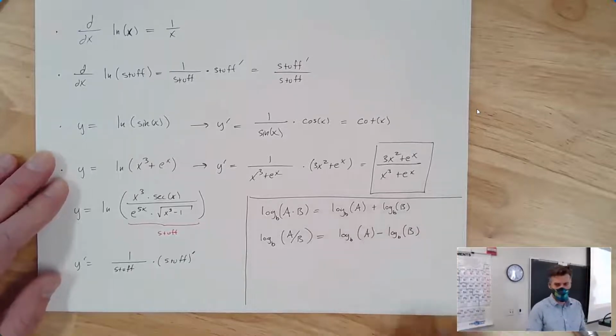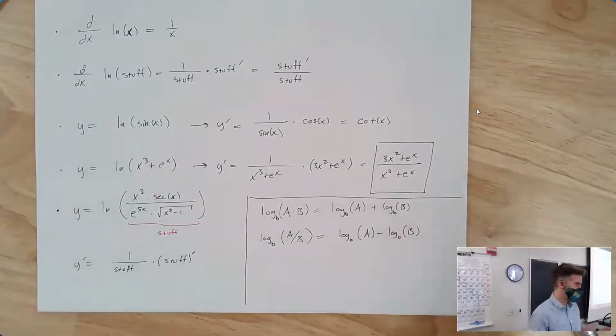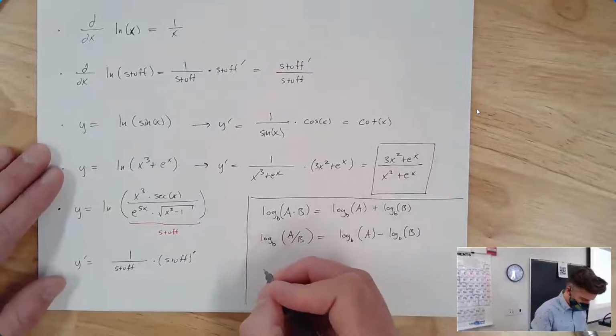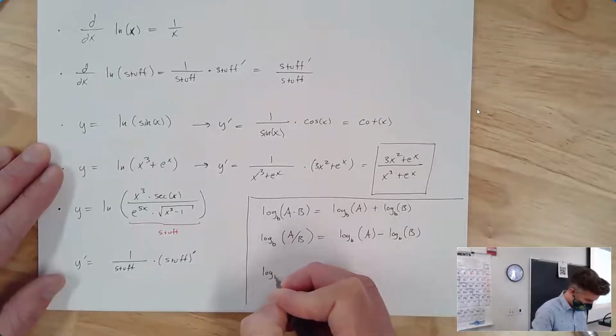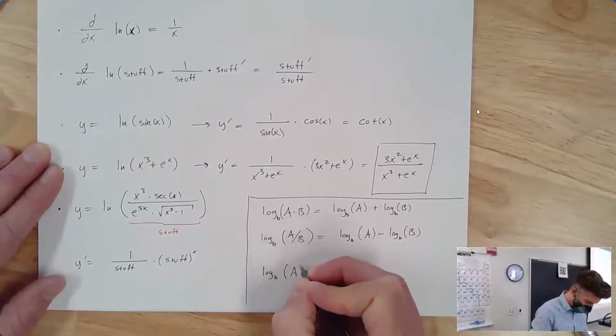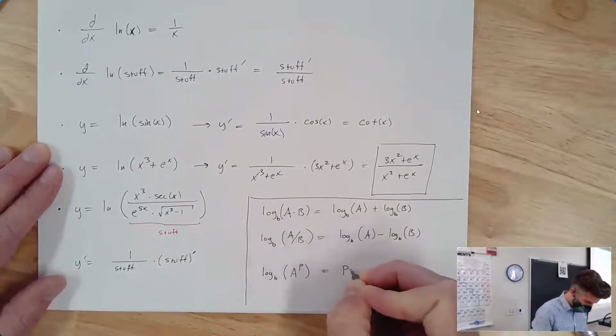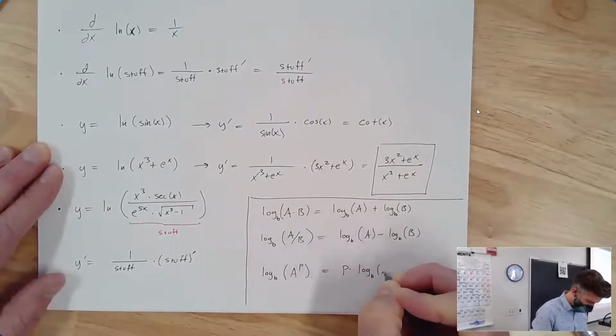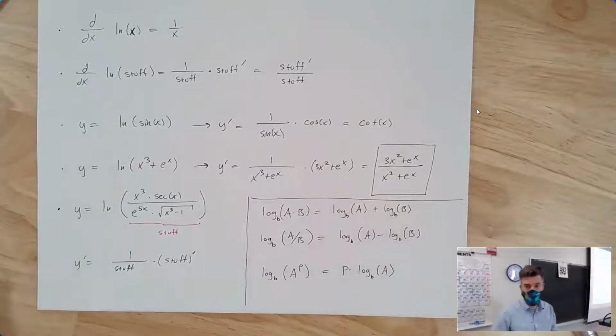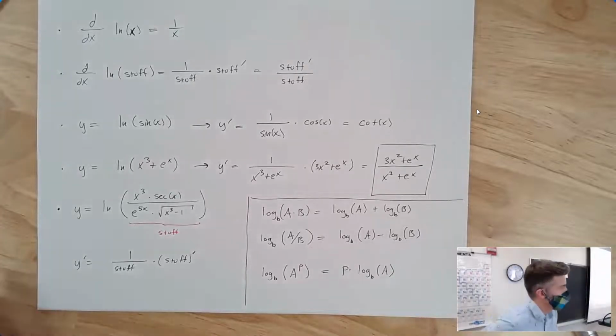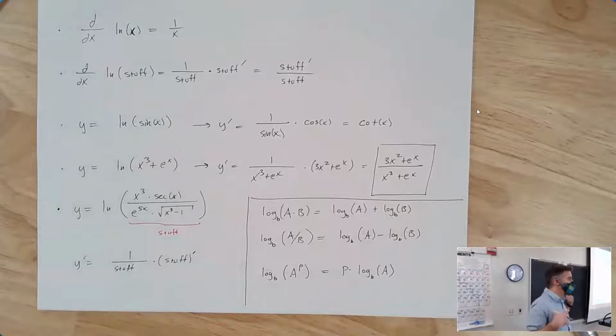The lowercase b and the capital B have nothing to do with each other. They're just typical letters. And then finally, log base b of a to a power equals that power times log base b of a. So we are definitely going to use those rules to make what's inside the logarithms as simple as possible. We're going to have more logarithms, but they're going to be much, much easier to differentiate.